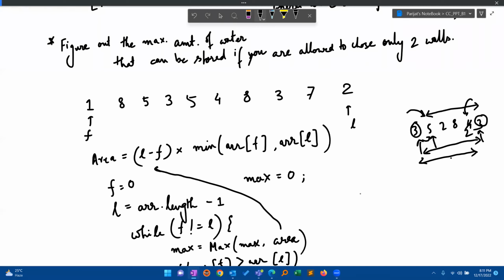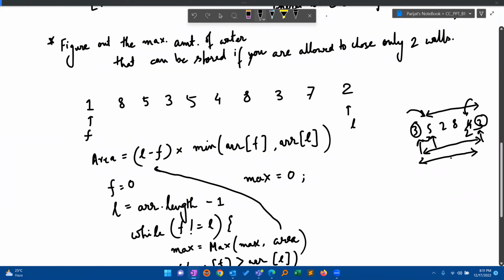What would have been the brute force approach, anyone? What would be the brute force approach of solving this problem? Correct.